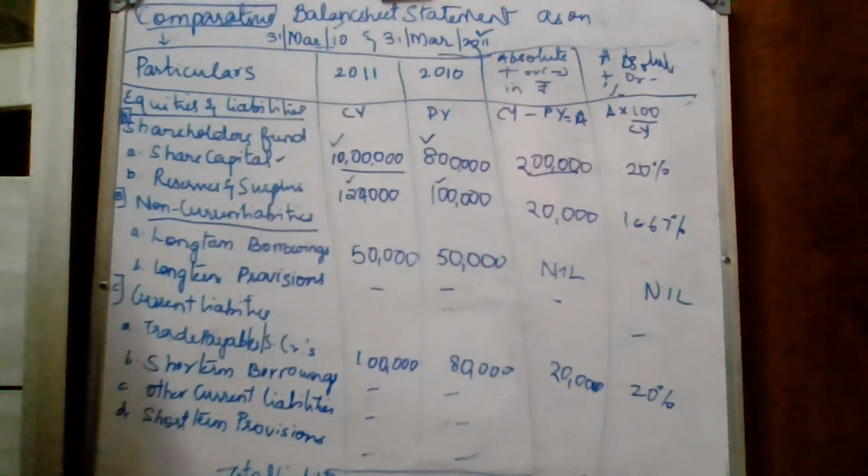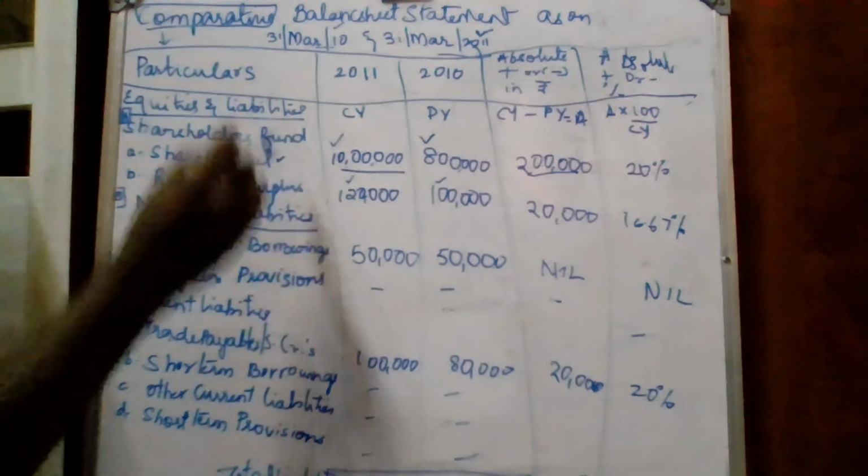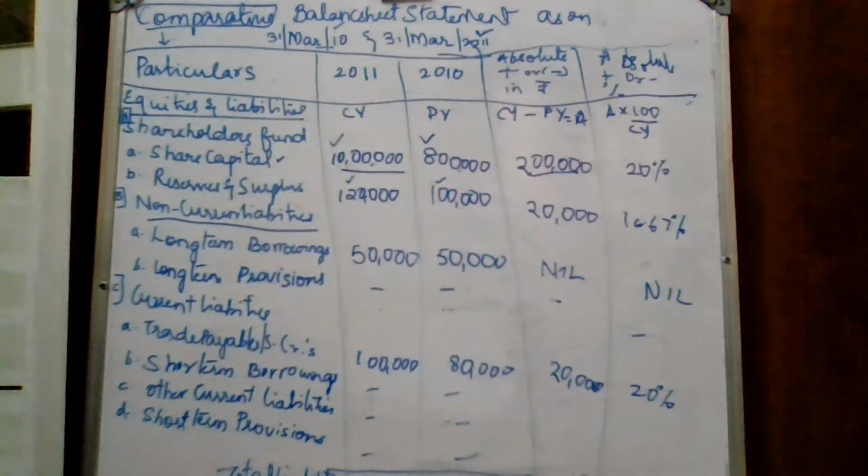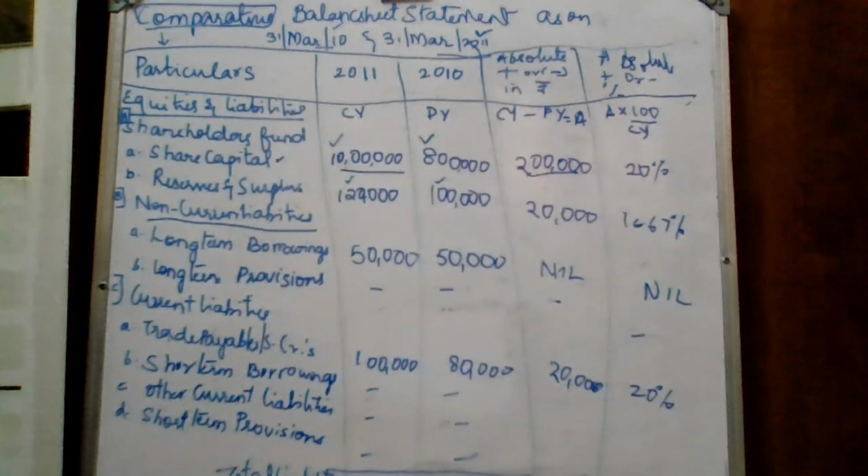So here we completed half of the problem, that is the liability side. Next we shall do the asset side. Under the asset side, first it will be non-current assets. Here the first one will be property, plant and equipment.